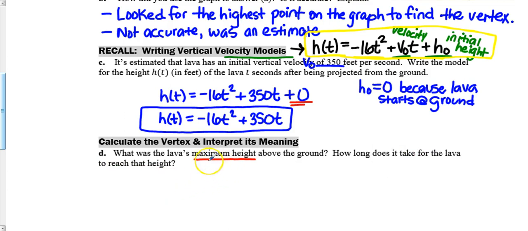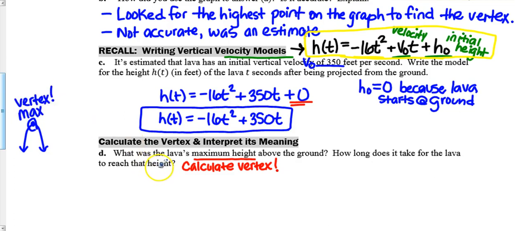As soon as you see that word maximum, from now till forever, I'm hoping that when you read that word in your brain, you automatically think calculate vertex. Because recall that maximum is the vertex. So whenever you see the word find the maximum, we're really saying calculate vertex.